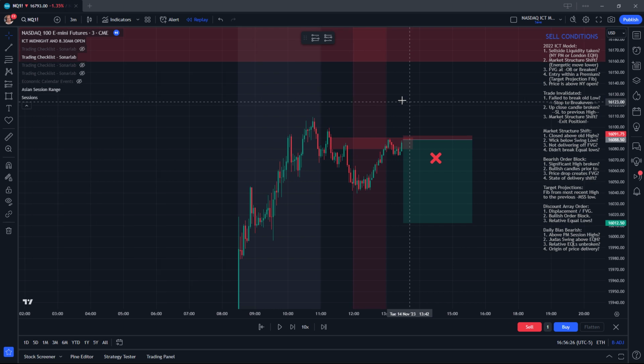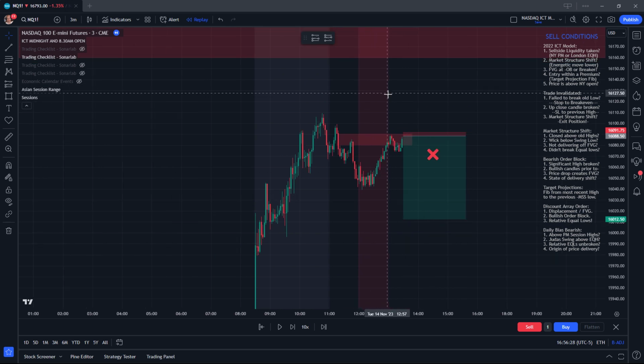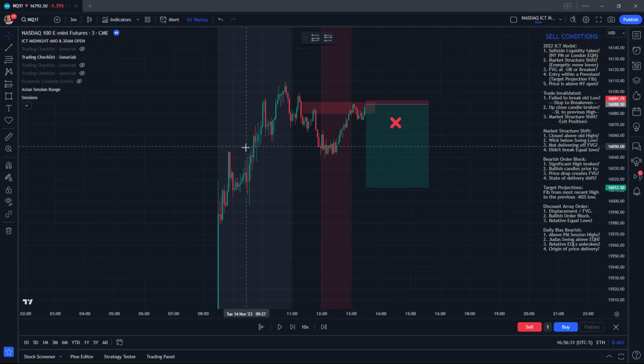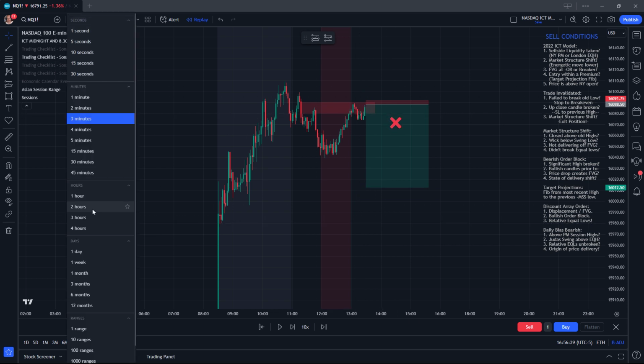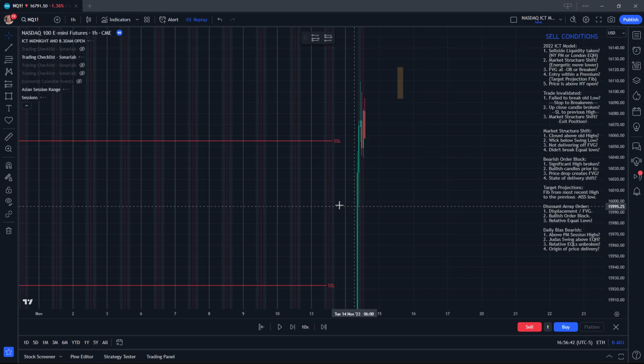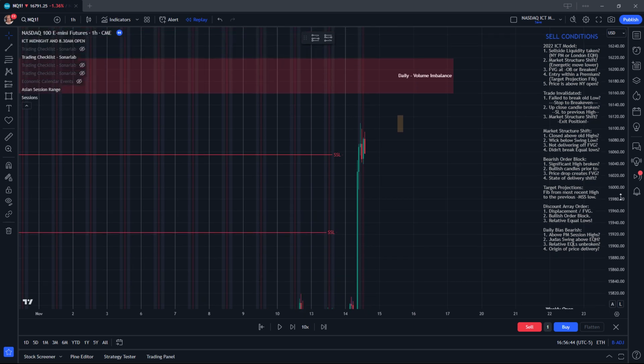Okay, but where is price originating from though? That's what we need to ascertain. If we want to go short, we want to make sure that price isn't delivering from something that contradicts that. So again, we'll come out to an hourly, see if we can get some more context.